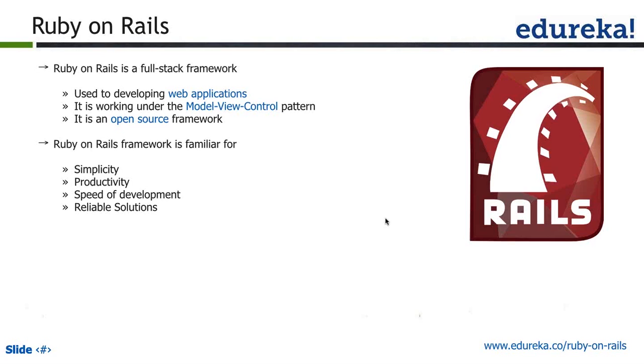Again, just like Ruby, it's freely available to use. Ruby on Rails is popular for its simplicity of use, right? Productivity. It's a rapid development framework. You can do things very fast, as I will show you shortly in a short demo of developing a very simple thing, right?